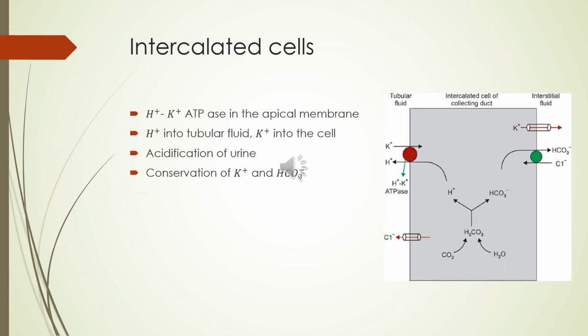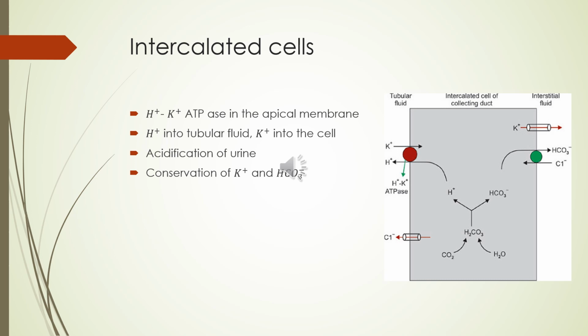Next is the role of intercalated cells. The hydrogen potassium ATPase is located in the apical membrane of intercalated cells, and helps in the secretion of hydrogen ions into the tubular fluid and reabsorption of potassium ion into the tubular cell, which means that intercalated cells help in the acidification of urine by secreting hydrogen ion into the tubular fluid and conservation of potassium ion and bicarbonate ion by reabsorbing them.